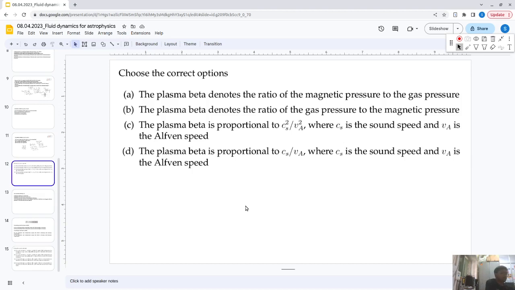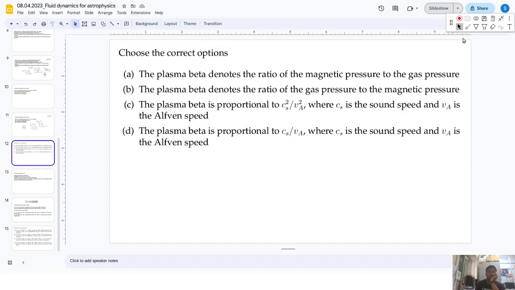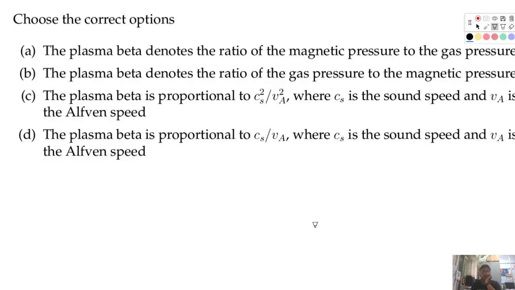So plasma beta is defined as your kinetic pressure, which depends on nkT, divided by B square by 2 mu, which is the magnetic pressure.